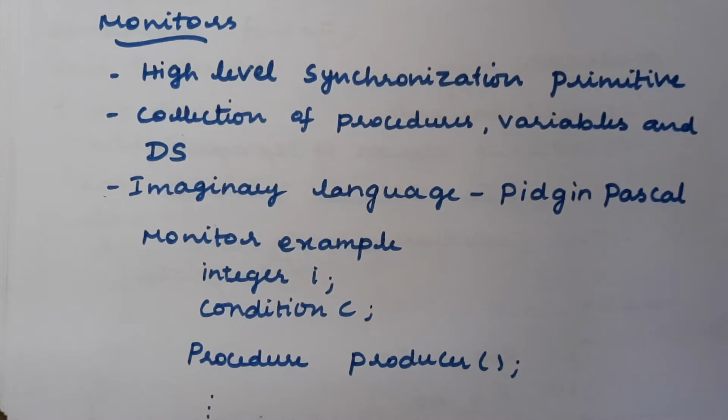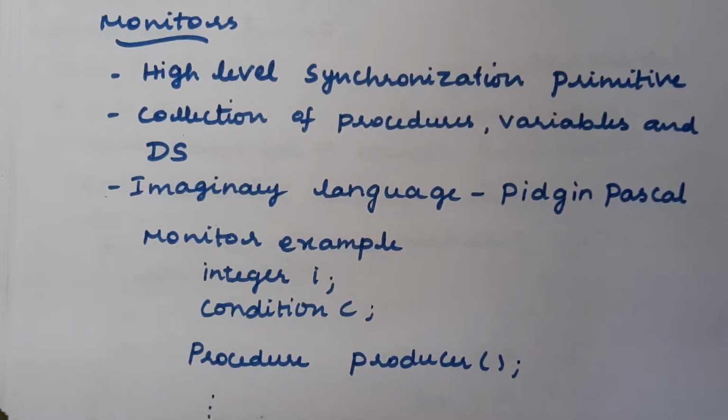Because monitors are actually a language concept. C does not have that particular thing, so we cannot use C or any other programming language. The language they have mentioned is Pidgin Pascal.